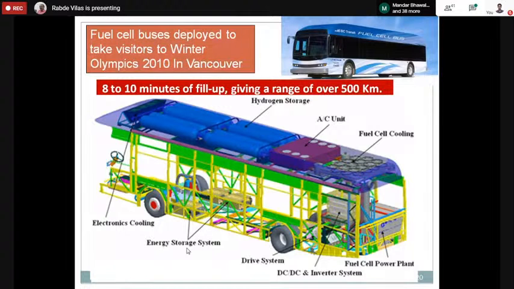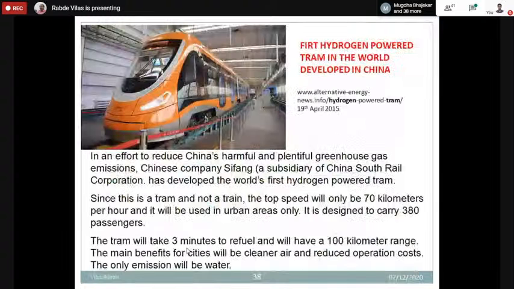So this is the block diagram of the bus which was developed, and they are still running. The first hybrid powered train was developed by China, and it has supercapacitors inside.